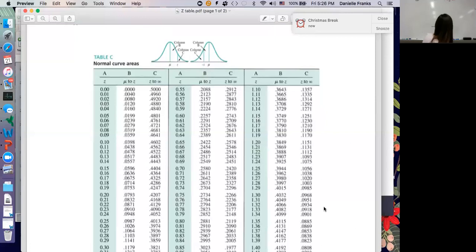We'll say 2, because we already did 1 earlier. So say a problem asked you, what is the probability of obtaining a z-score of 2 or higher?